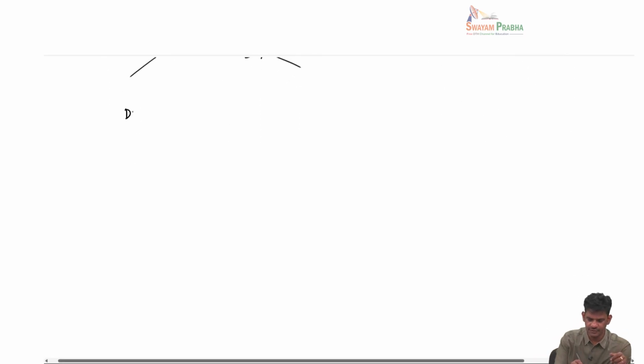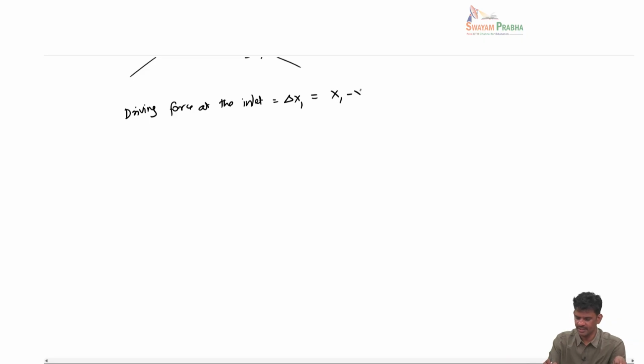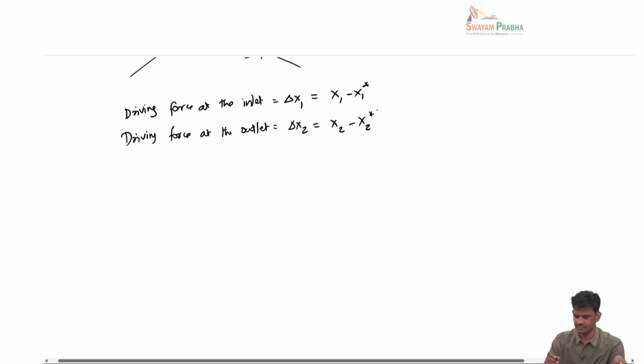So the driving force at the inlet is delta x1, and that is x1 minus x1 star, and similarly the driving force at the outlet is delta x2, which is x2 minus x2 star.